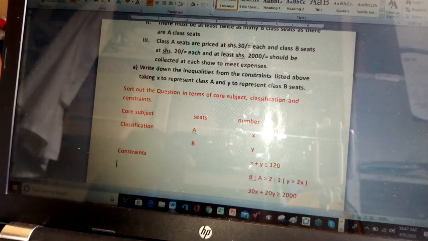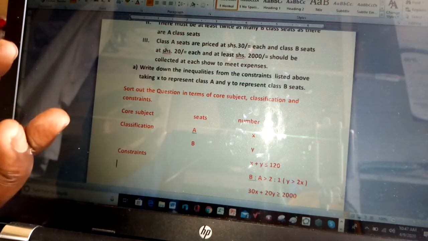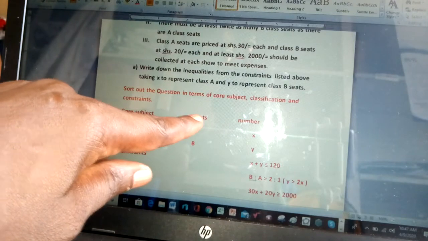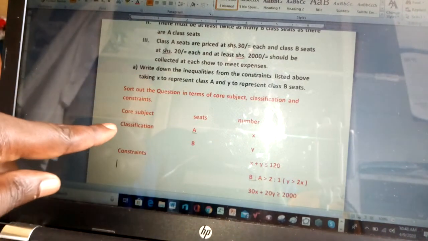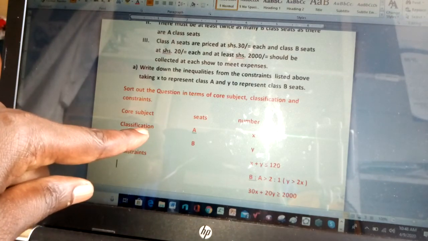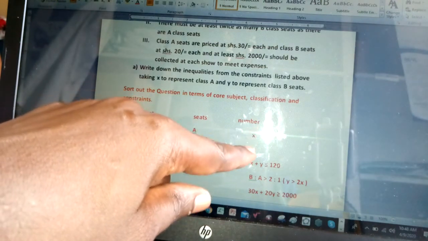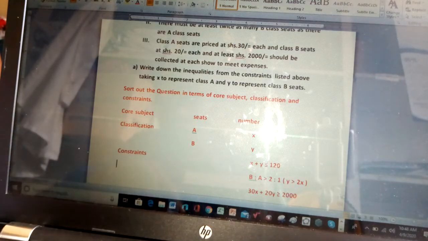Now, remember, core subject in the question, what is involved in that core? Seats and number of seats. That is the first line. Come and try to classify and put the variables that you have been told. Then number 3, address the constraints.